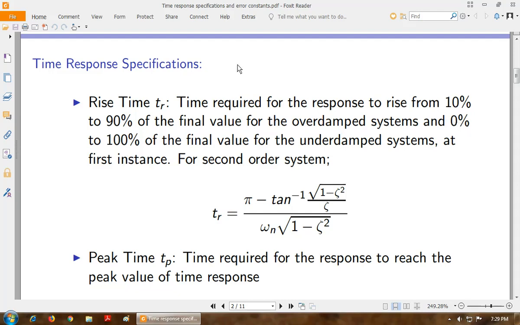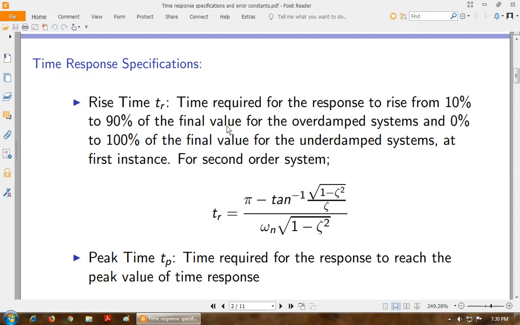We saw that when the response starts changing with respect to time and reaches 50%, that is called delay time. When it reaches 100%, this is called rise time, but this is considered for an underdamped system. When the system is overdamped and is not going to cross the final value, the rise time is calculated between 10% to 90% only.